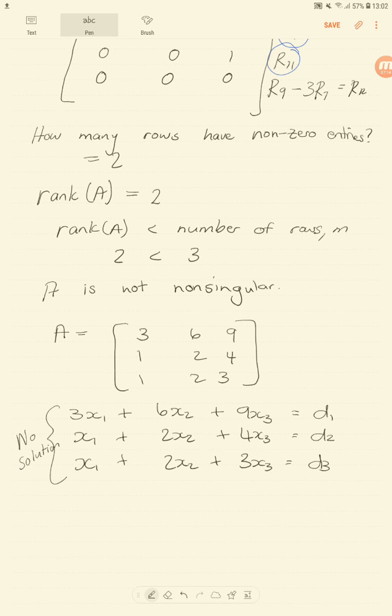How do we know this? We know this because the coefficient matrix A is not non-singular. Why is A not non-singular? Because the rank of matrix A is less than the number of rows of A.